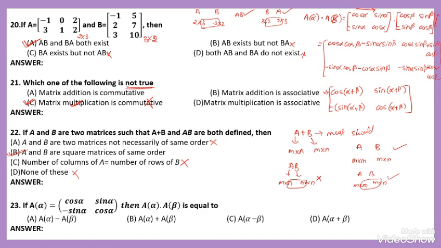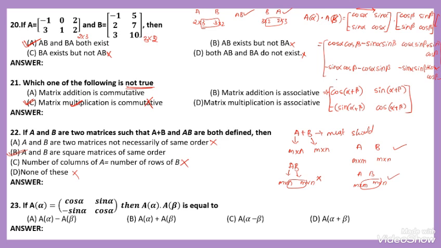Here, while taking cos alpha cos beta minus sin alpha sin beta, I will write cos of alpha plus beta. Cos alpha sin beta plus sin alpha cos beta can be written as sin of alpha plus beta. Again, cos alpha cos beta minus sin alpha sin beta is the cos formula.